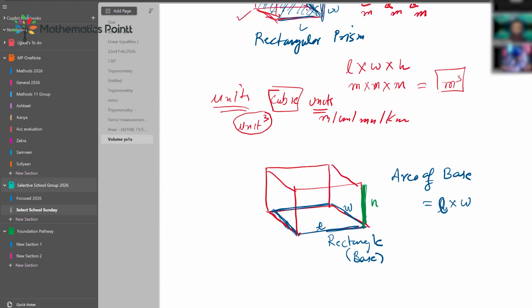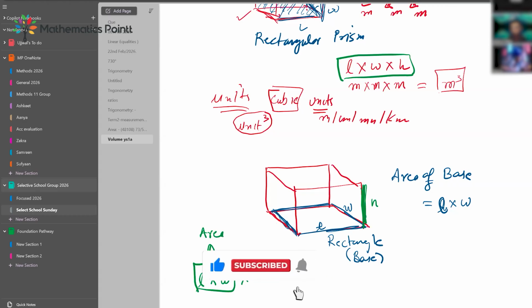So if you look at the formula that I've given here, length times width times the height. Length times width is nothing but the area of the base.